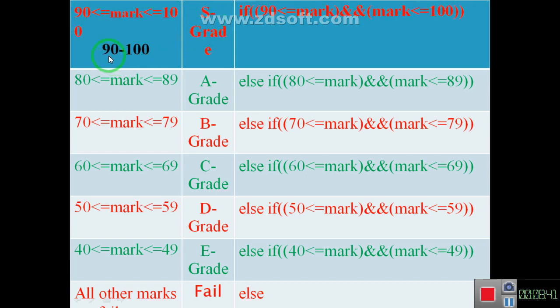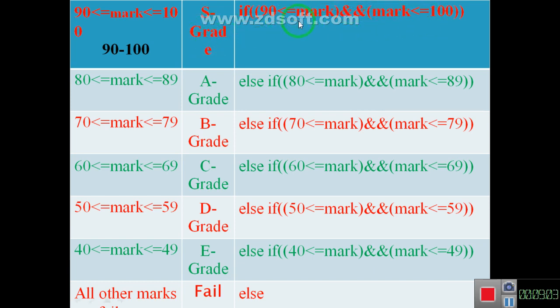I wrote it as two conditions: 90 less than or equal to mark less than or equal to 100. So between the range of 90 and 100, that range belongs to the S grade.